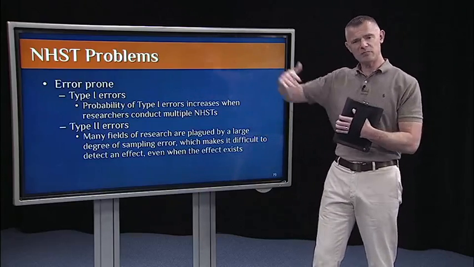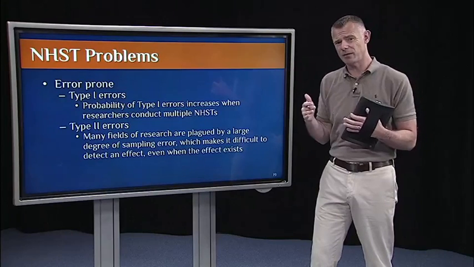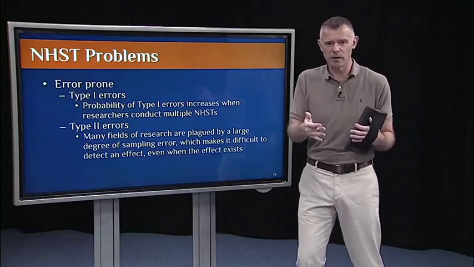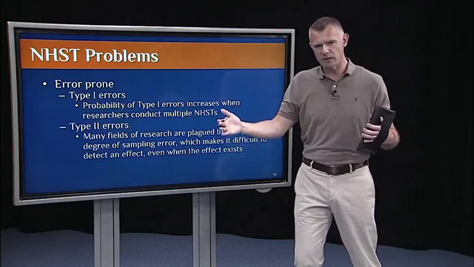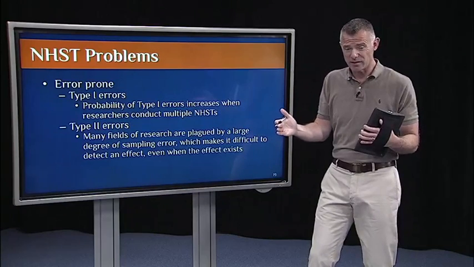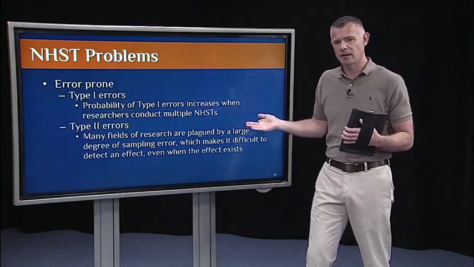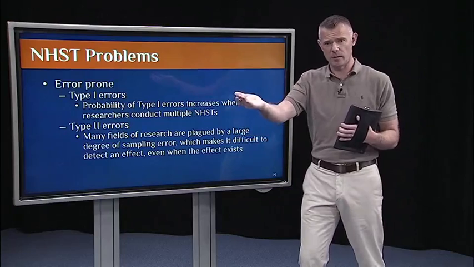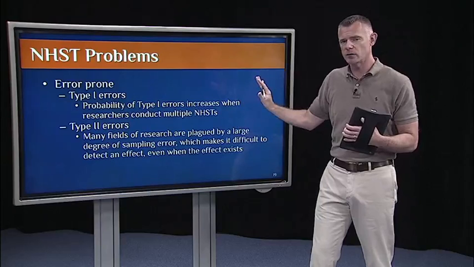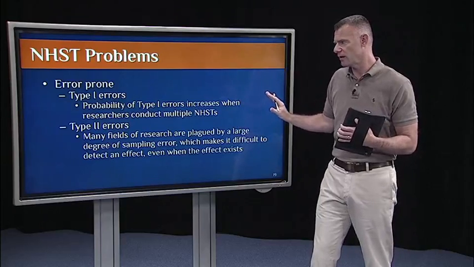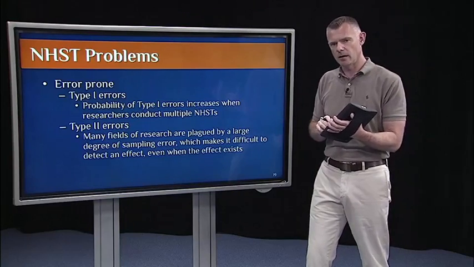We have big populations but don't have a lot of resources to obtain big samples, so we get small samples relative to these big populations, which gives us a large amount of sampling error, big estimates of standard error, which means we're going to wind up missing a lot of effects, even if they really exist out there in the population. So not only is it error prone, with a certain probability of type 1 and type 2 errors, but in a lot of fields of research, it's actually worse than I outlined in the first segment.